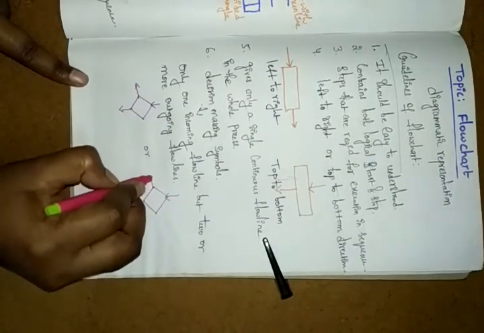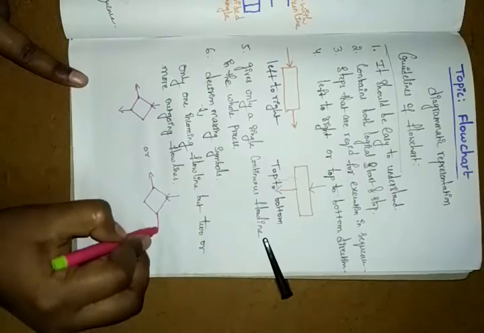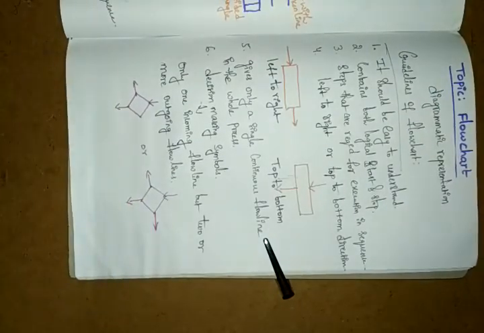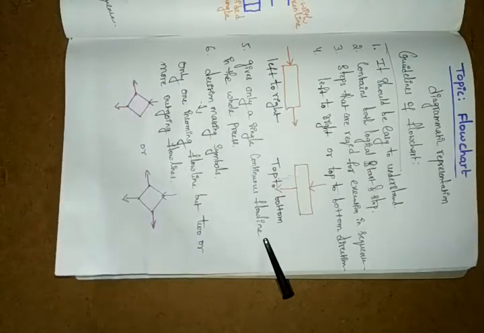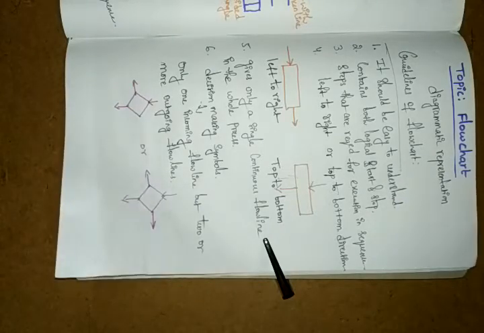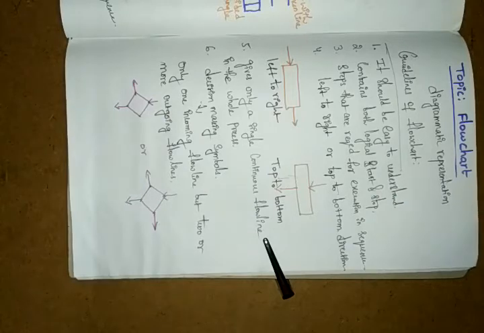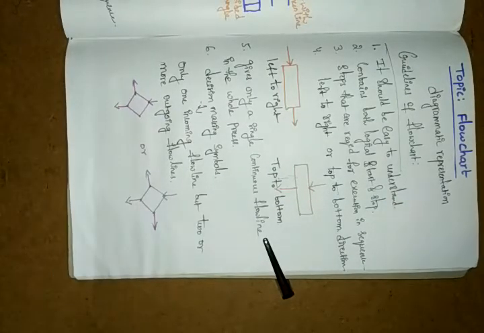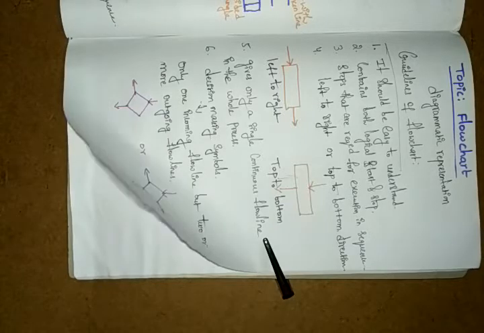It may go left side, right side, or down side. So whichever side it moves, it takes only one incoming flow line, but it produces two or more outgoing flow lines. Here we have two and here we have three.